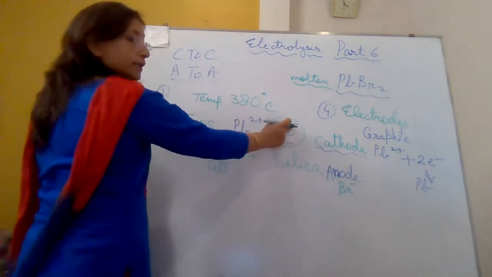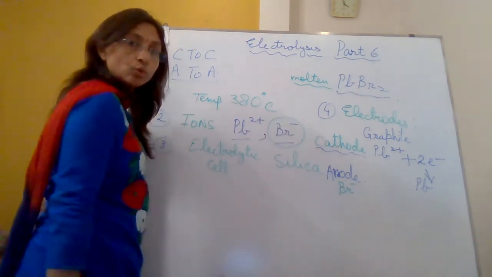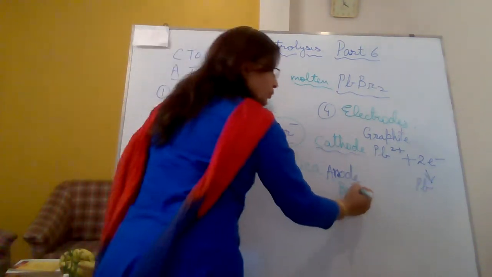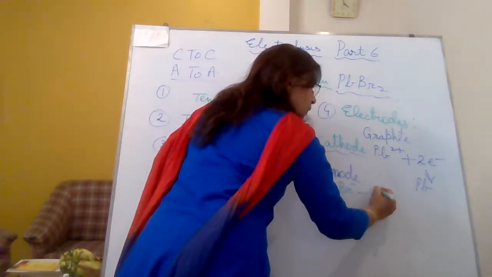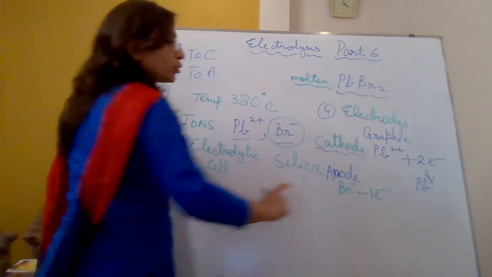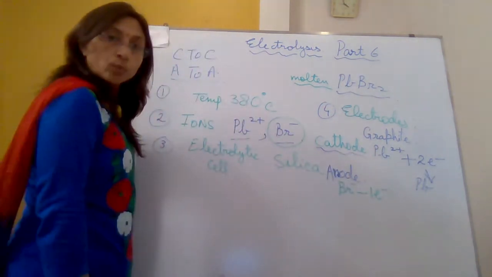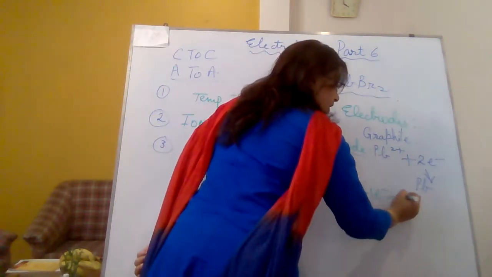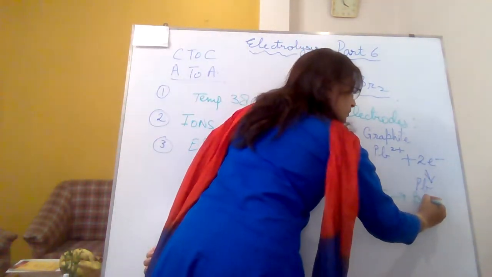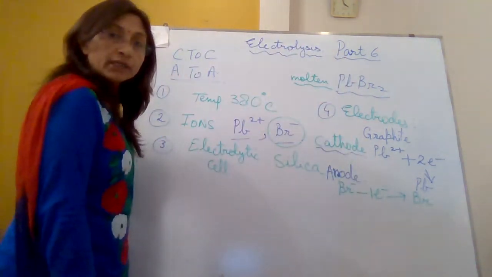Because they have one negative charge, they need to lose that negative charge in order to discharge. So Br negative minus 1 electron: since there is one negative charge, to become neutral they need to lose that 1 electron, and after losing it, it will produce a bromine atom.